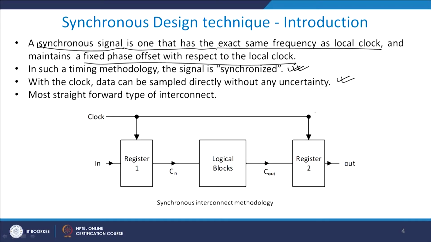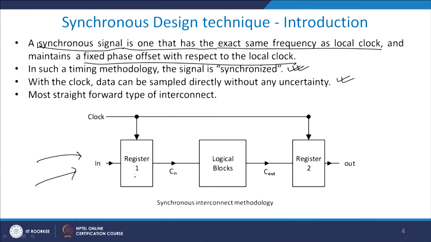So, if you look at this diagram, this is the methodology which people use 90% of the time, the standard methodology used for a long duration. The methodology is something like this. You have register number 1, register number 2, and a logical block here.